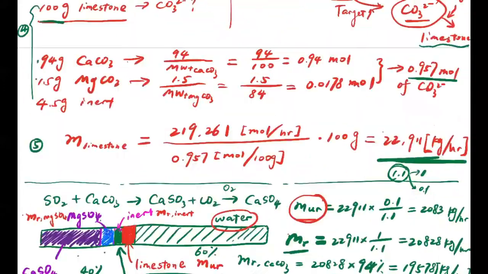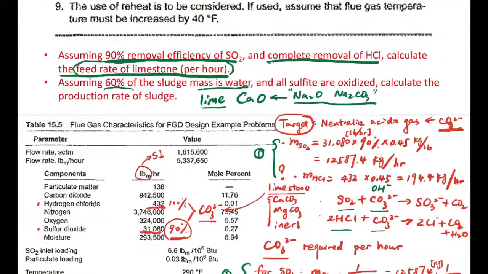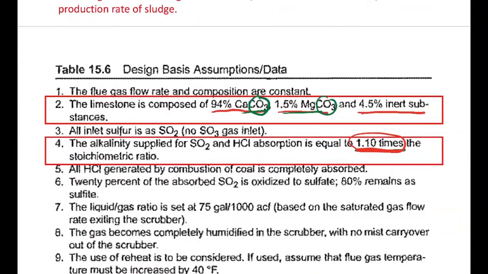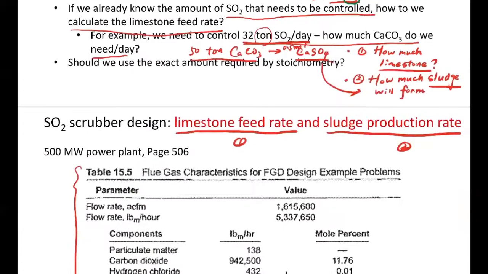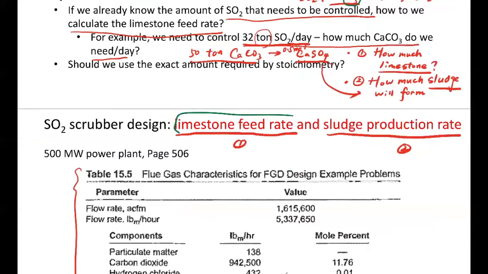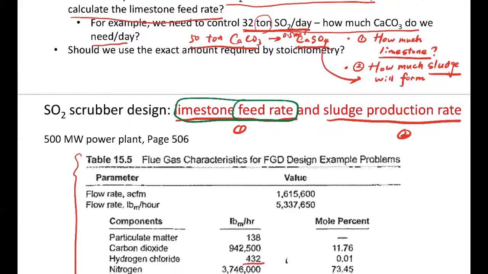So as we mentioned, we're just interested in two parameters for sulfur dioxide control. So one is the limestone feed rate, or I should say it's just the raw material feed rate. It can be lime, trona, limestone, and so on, right? And the other is the sludge production rate. That is the product you generate from this reaction, okay?